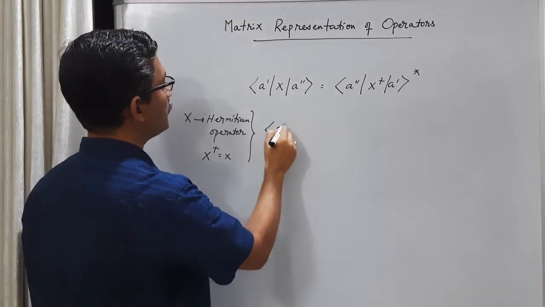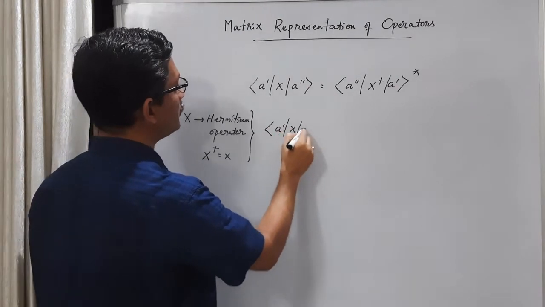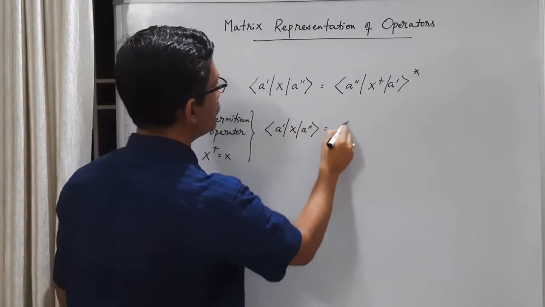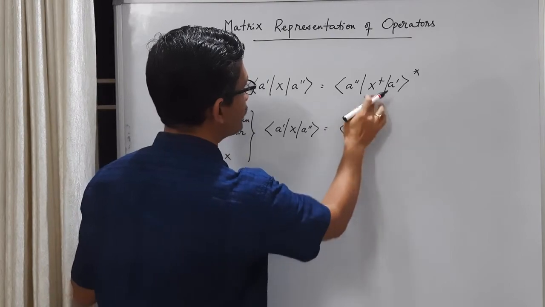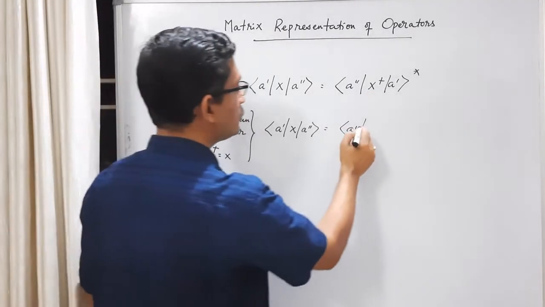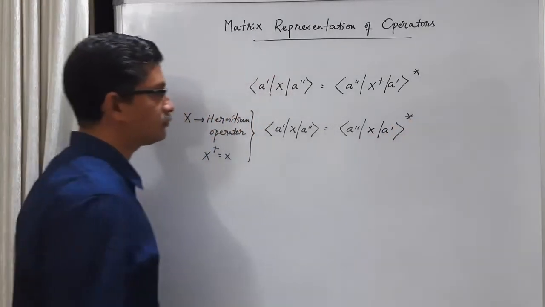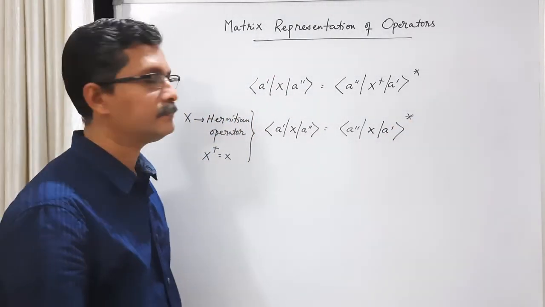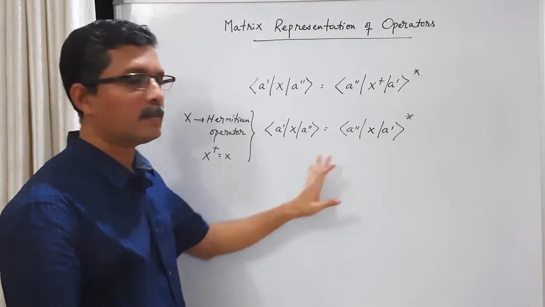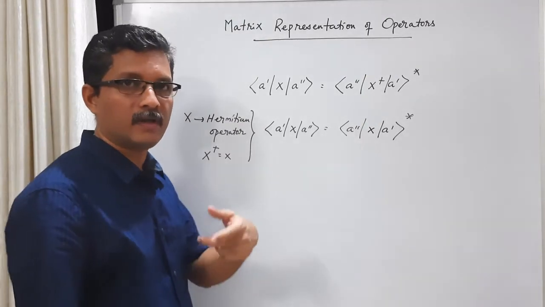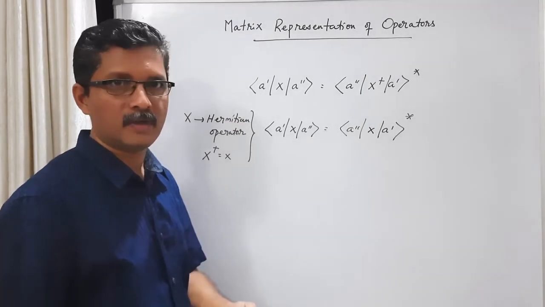For a Hermitian operator, we can write ⟨a′|X|a″⟩ equals ⟨a″|X†|a′⟩*, and X† is the same as X, so ⟨a″|X|a′⟩*. So this is a fundamental relation for a Hermitian operator that we have seen in the previous class.